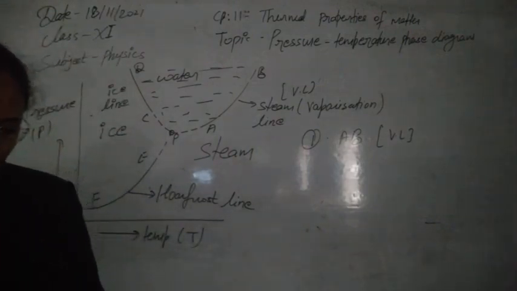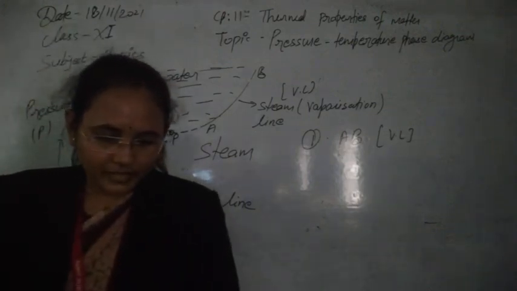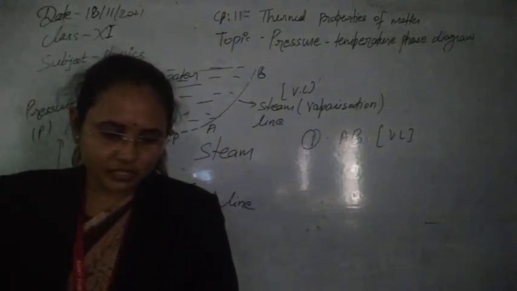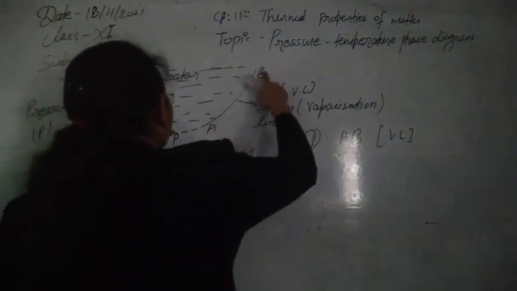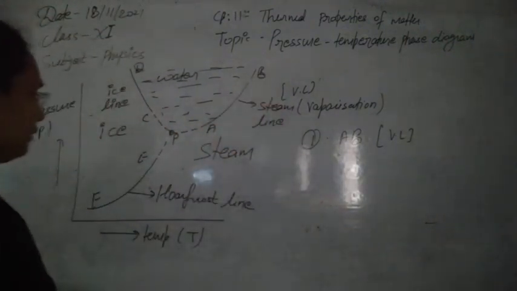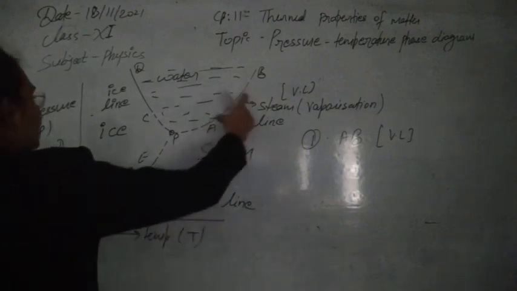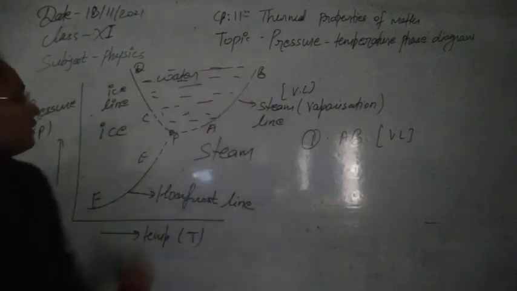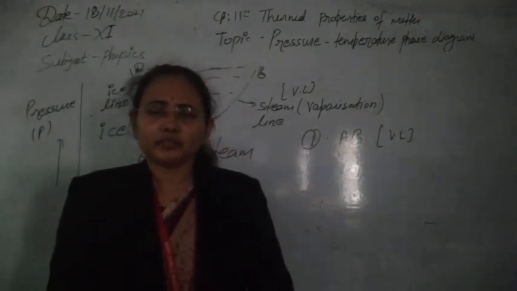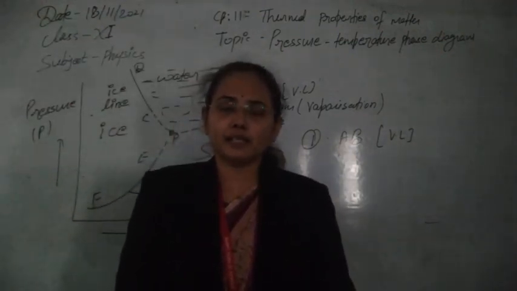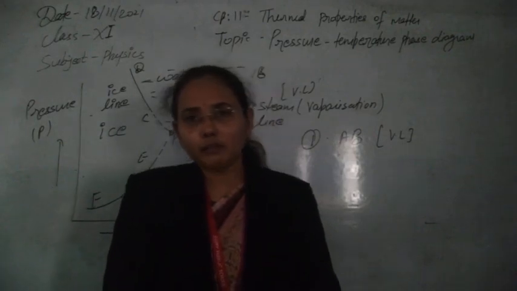It represents the variation of the boiling point of the substance with pressure. From A to B you can see how the boiling point varies with change in pressure, because in this condition the water starts to vaporize. It will vaporize above the boiling point.